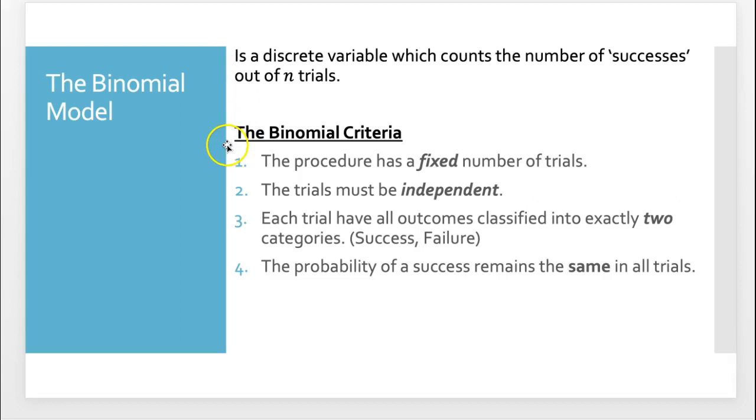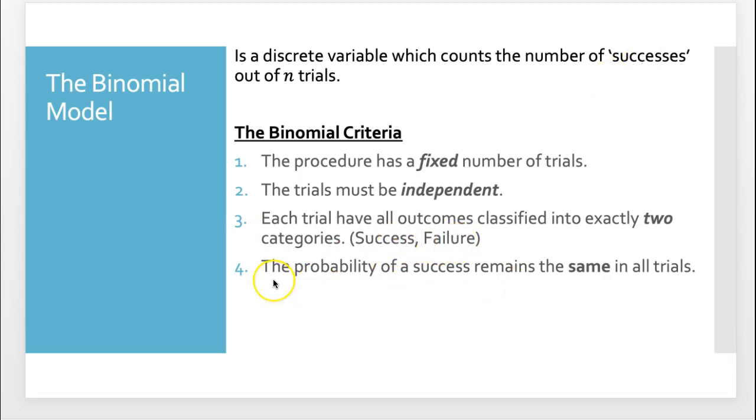So the binomial criteria here is that the procedure has a fixed number of trials. When we observed the 20 couples, that number was fixed, right? We didn't increase it or decrease it due to some circumstance. The trials must be independent. So within kissing the right way, each couple's decision to tilt their heads to the left or the right is independent of each other. Each trial has all outcomes classified into exactly 2 categories. Either you tilt your head to the left or to the right, and in general we call it success and failure, and the successes are what we're counting.